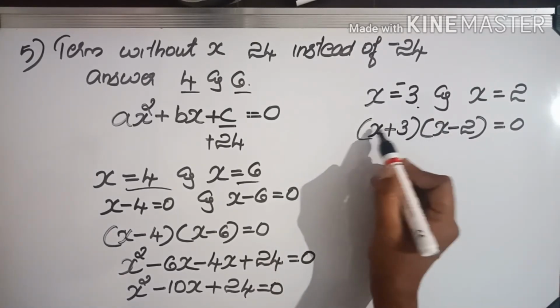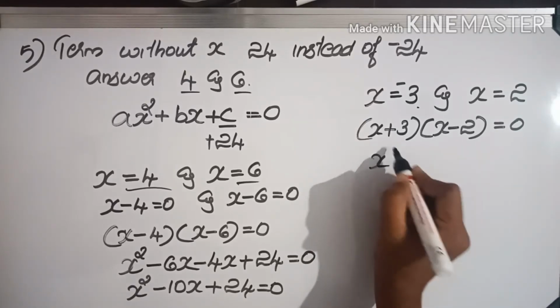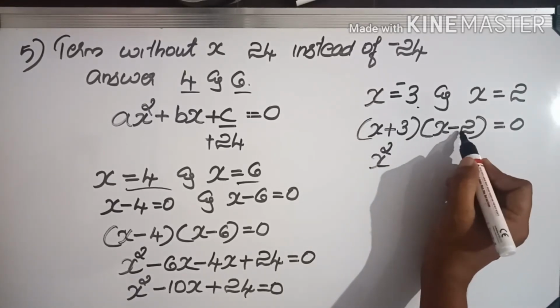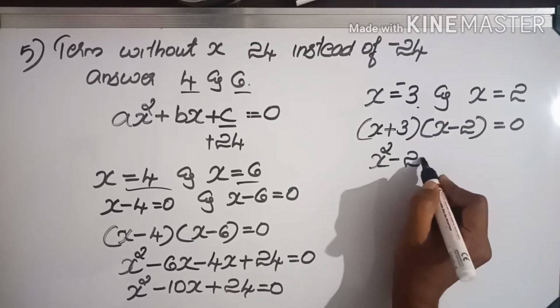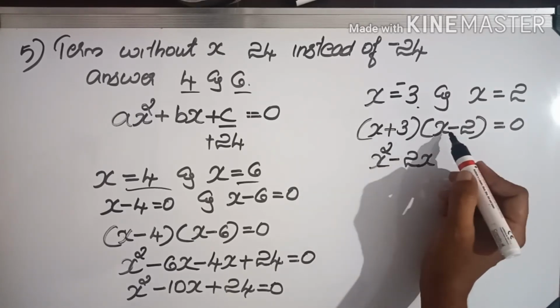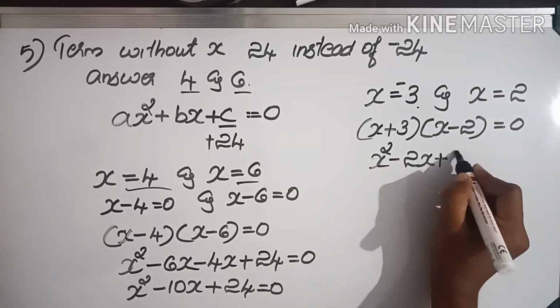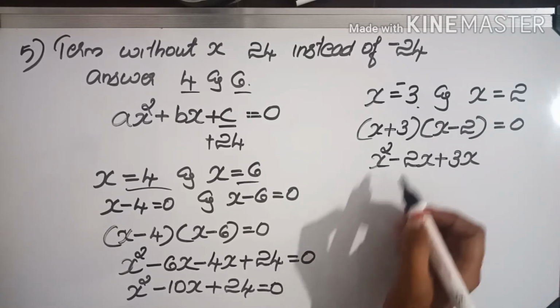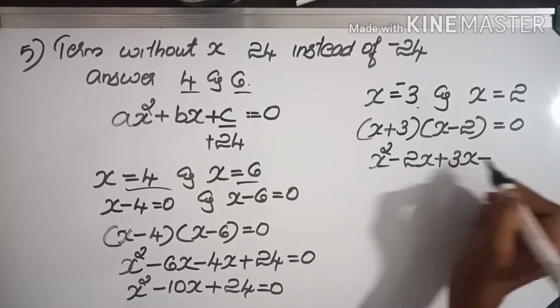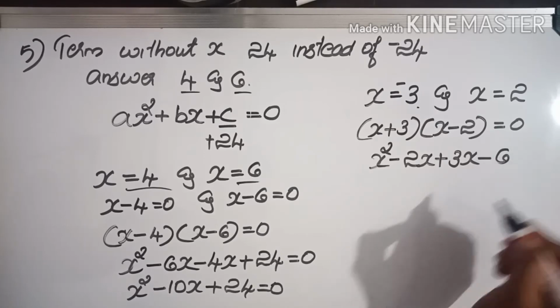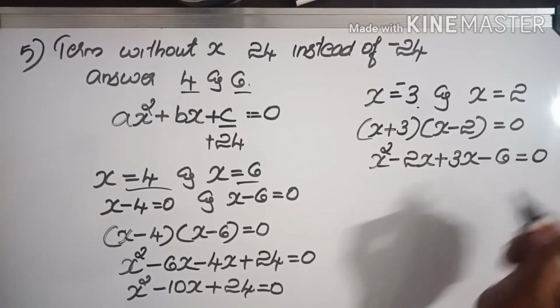Now open the bracket. x into x, that is x square, x into minus 2, so minus 2x, plus 3 into x, that is plus 3x. Next is positive into negative, negative. 3 twos are 6, equal to 0.